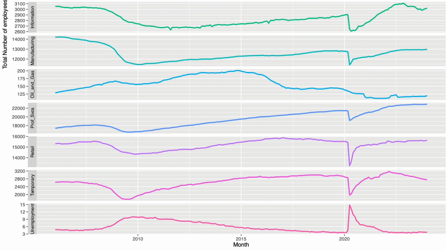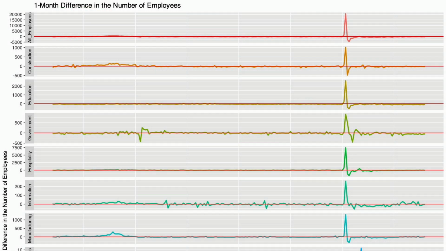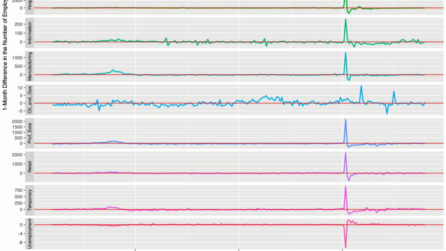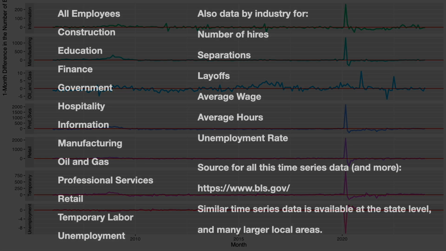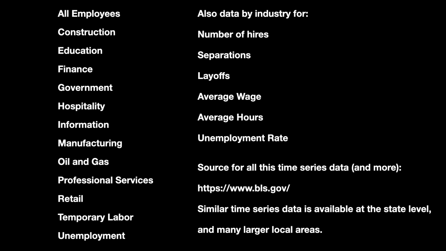So this is the total number of employees. What everyone's actually interested in is the 1 month change. So here's what that particular graph looks like, again, for all that same data. So if you want to play around with this, there is so much time series data at the Bureau of Labor Statistics that it's crazy.